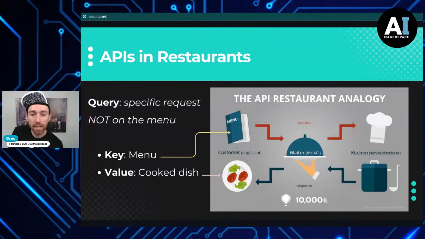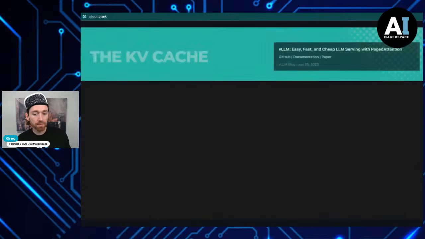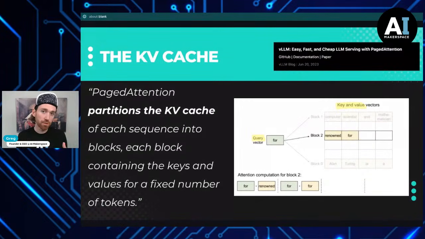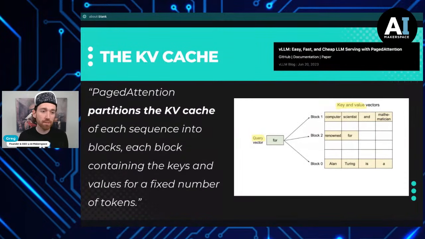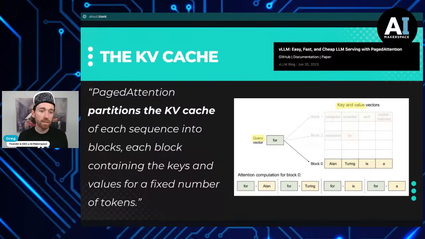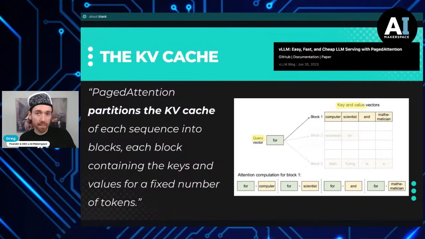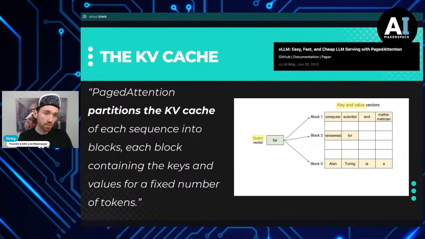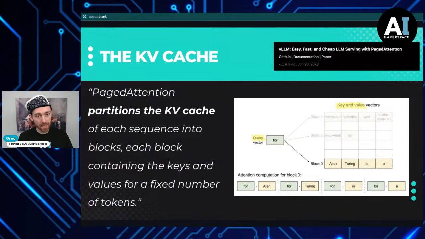And this is why we need to cache these keys and values, because they don't change except for that new token. And this is the magic behind vLLM, the KV cache. Now, it's more than just the KV cache.